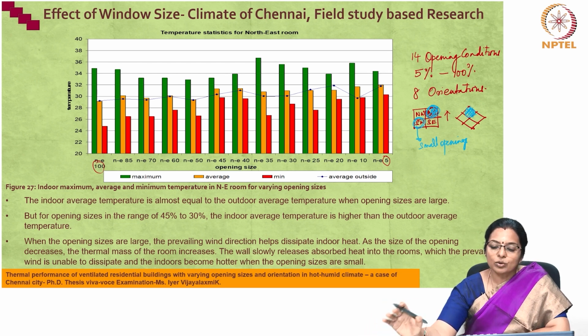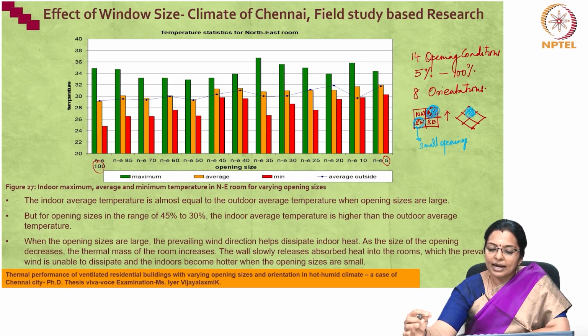Okay. So, this study was completely done using field based data. Indoor air temperatures in all the 8 rooms were measured using instruments for continuous periods during the summer time in Chennai.